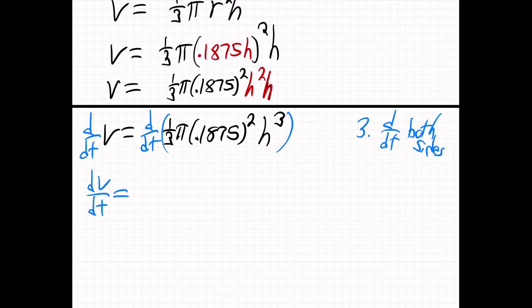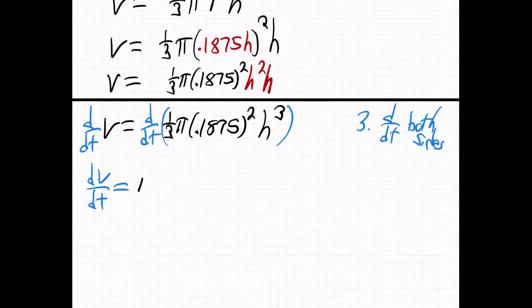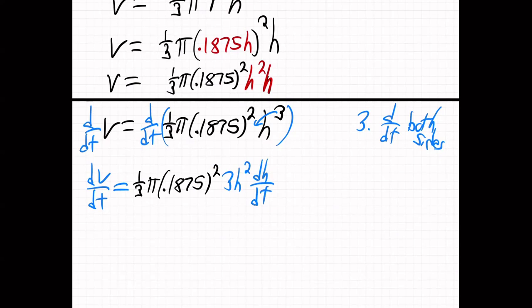The other side, I'm just going to leave the 1/3 pi and the 0.1875 squared. That's just numbers, right? Take the derivative of this. 3 comes down. H squared dH/dt. There we go.